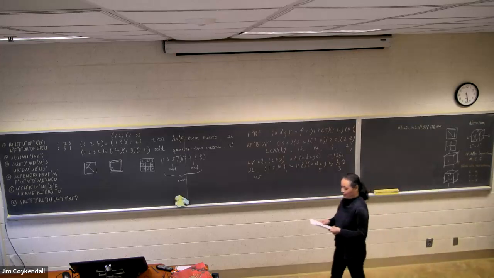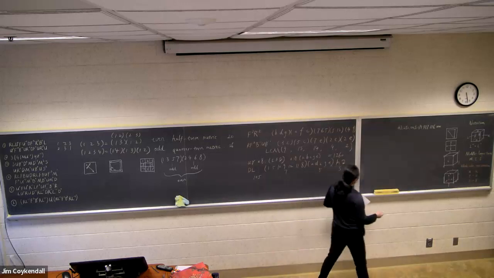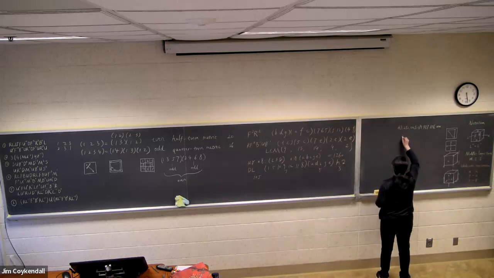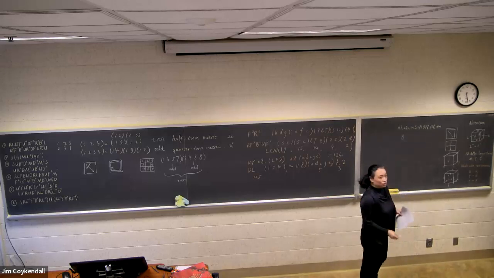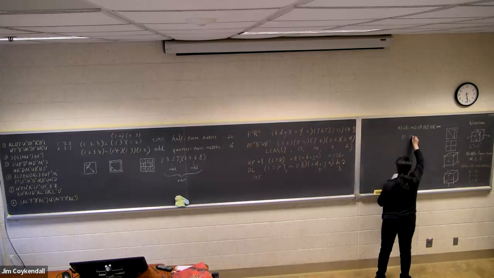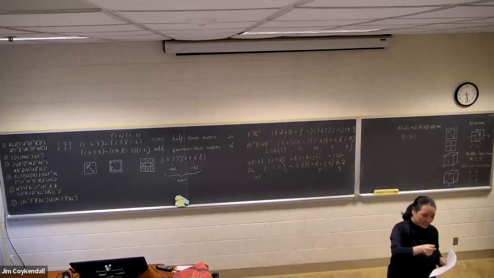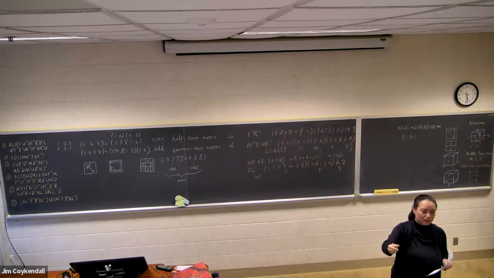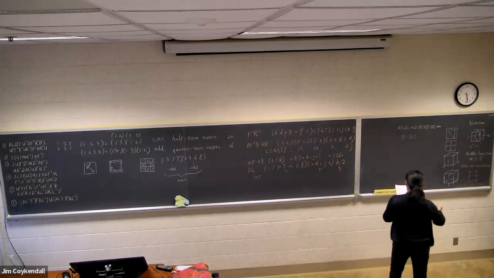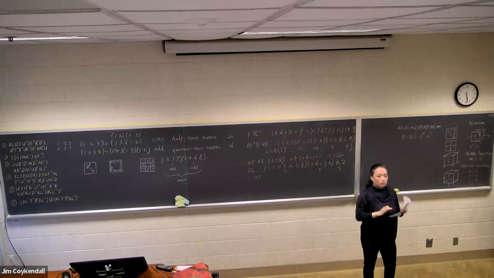You have eight corners to locate, right? That gives you 8 factorial. You have 12 edges to locate, that gives you 12 factorial. And then each corner you have 3 different ways to orient it. Each edge you have 2 different ways to orient it, right? So that gives you 3 to the 8th and 2 to the 12th. That's with no restriction.